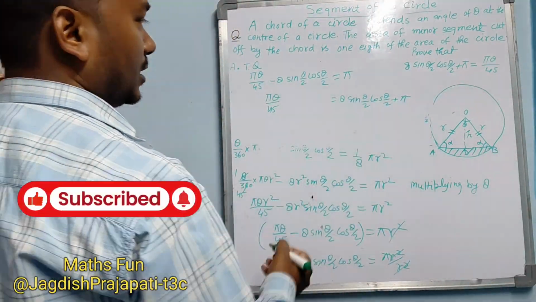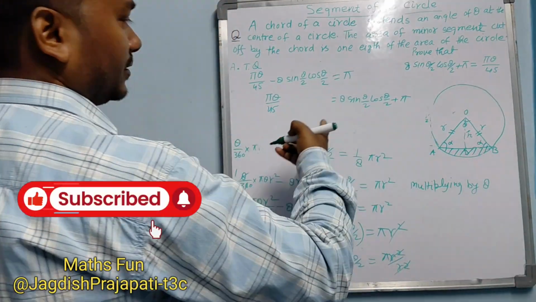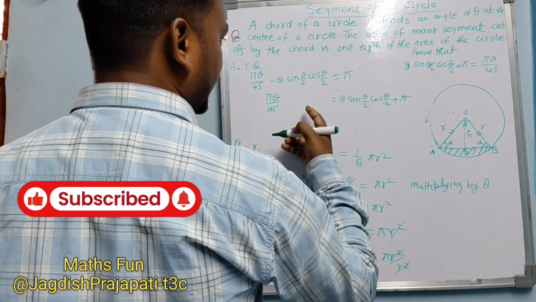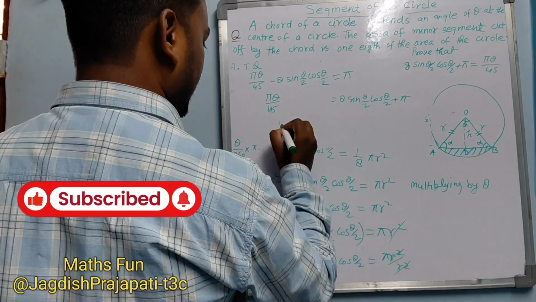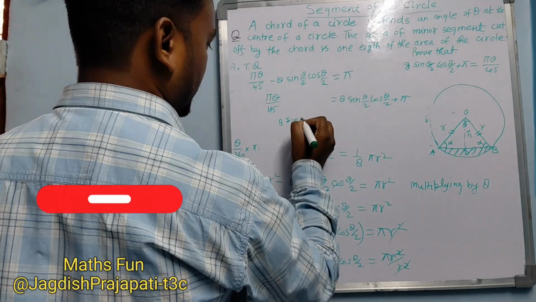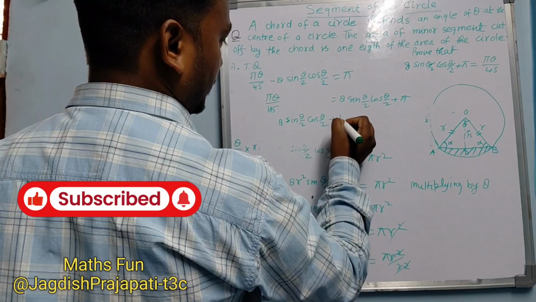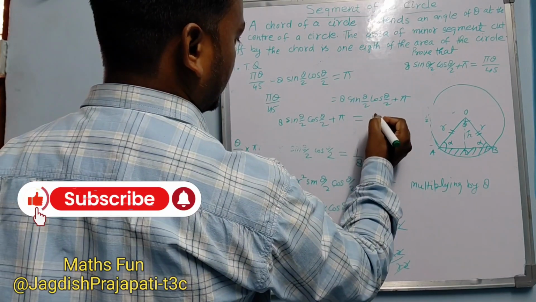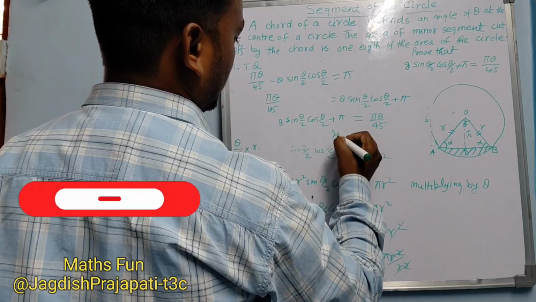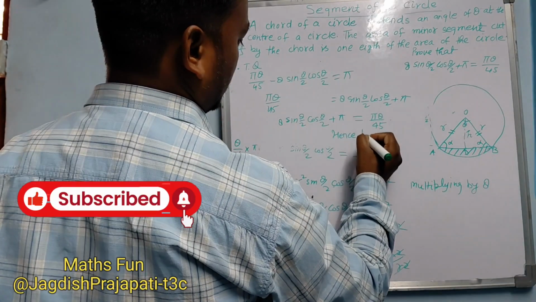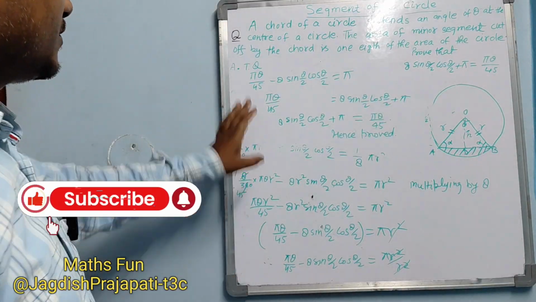Okay, so now write it in the proper way. So 8 sin theta by 2 cos theta by 2 plus pi equals pi theta by 45. Hence proved. This is what we had to prove.